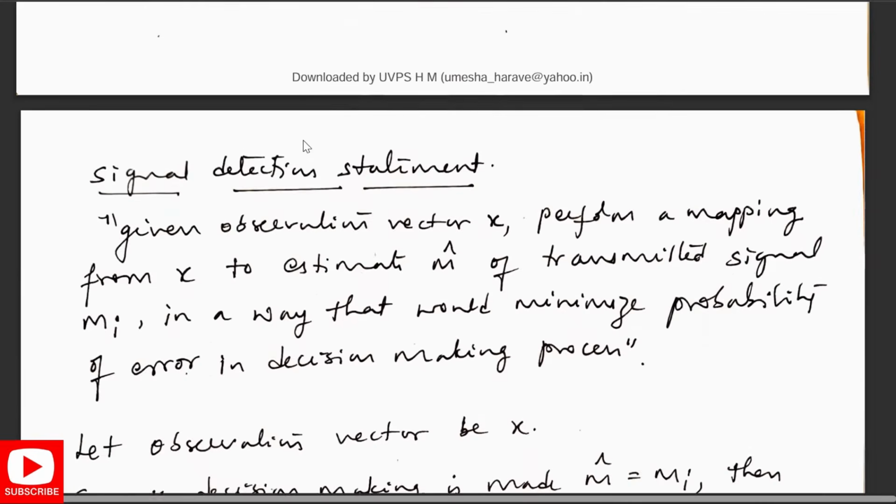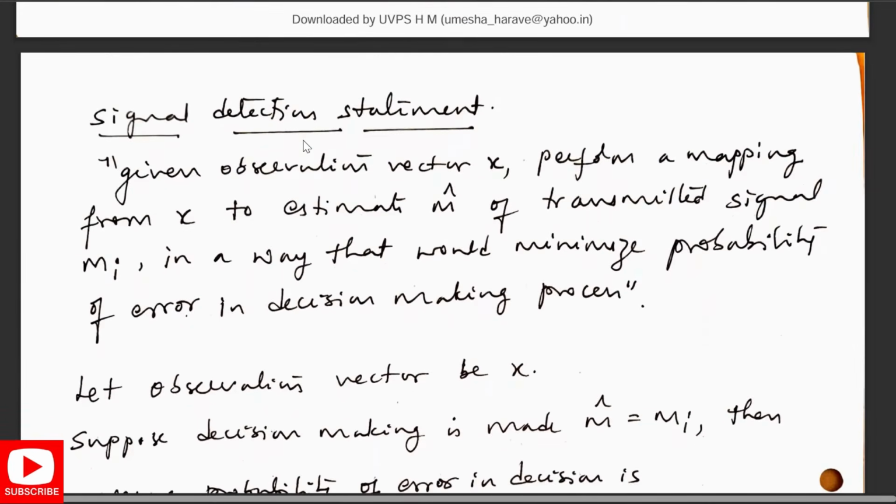Next, we'll move to the signal detection statement. Here, given the observation vector x, we perform a mapping from x to an estimate m cap of the transmitted signal mi, in a way that minimizes the probability of error. It will minimize error in the decision-making process. Let us consider the observation vector as this x.